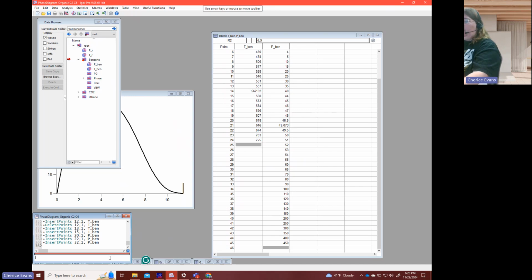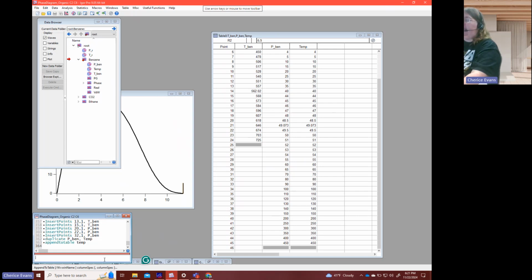So I'm going to duplicate the pressure array into a temporary temperature array. And I'm just going to call it temp because it is temporary and it's not going to be something that I keep. And I'm going to add that to this table using append to table. And you'll see it's just a duplicate of pressure.